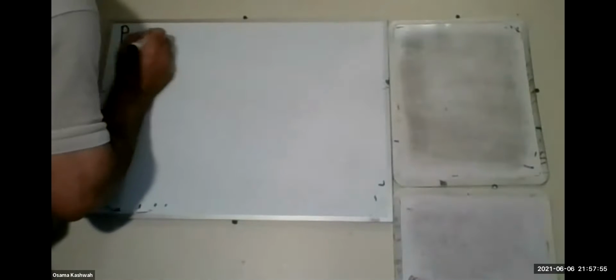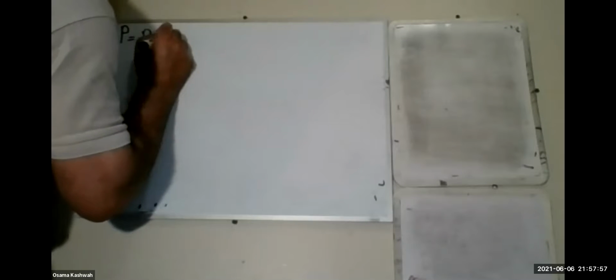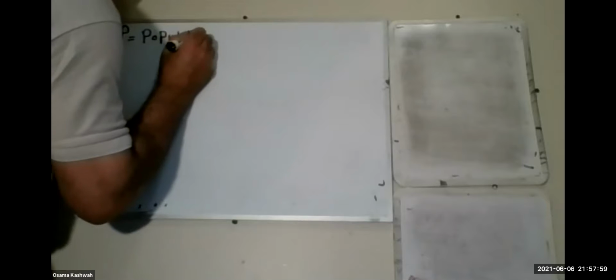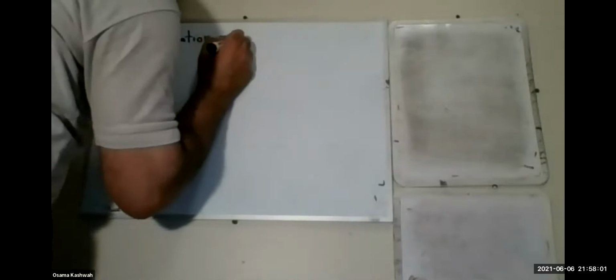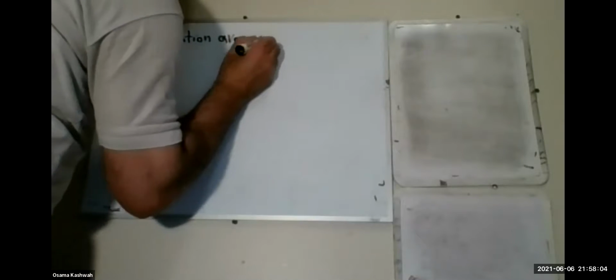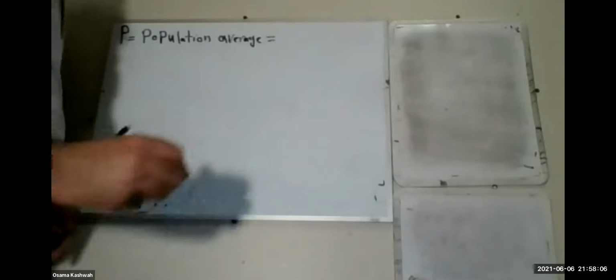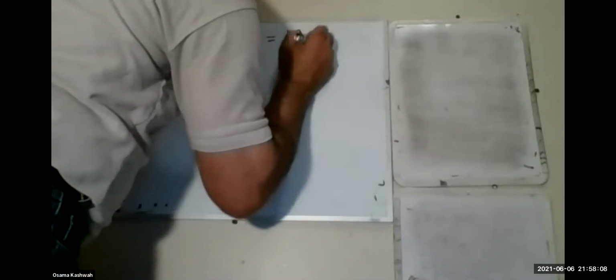P is the population average. It's not the sample, it is the population average. In this example, it was 12%.